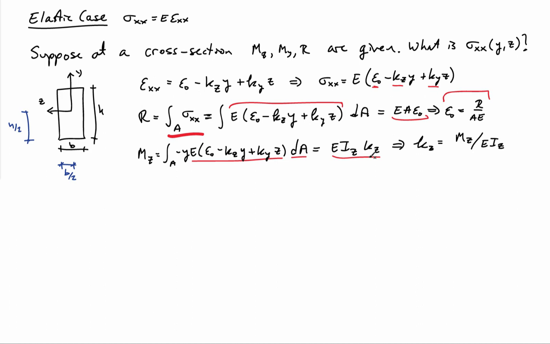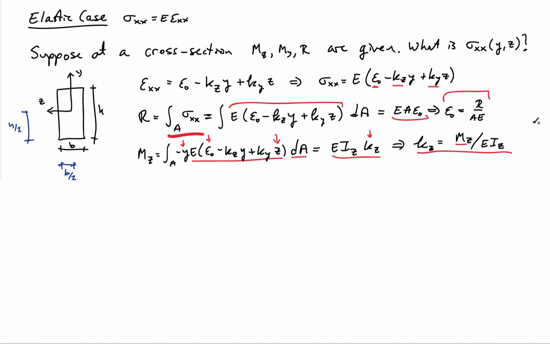The integral for the z multiplied by the y will give me 0 because of how I've set up my coordinate origin. And likewise, the integral for the epsilon naught term will also come out to 0. So I only end up with one of my unknowns, kappa z, in my relationship. And so now I know that the curvature about the z-axis is the moment about the z-axis divided by E Iz in this case.